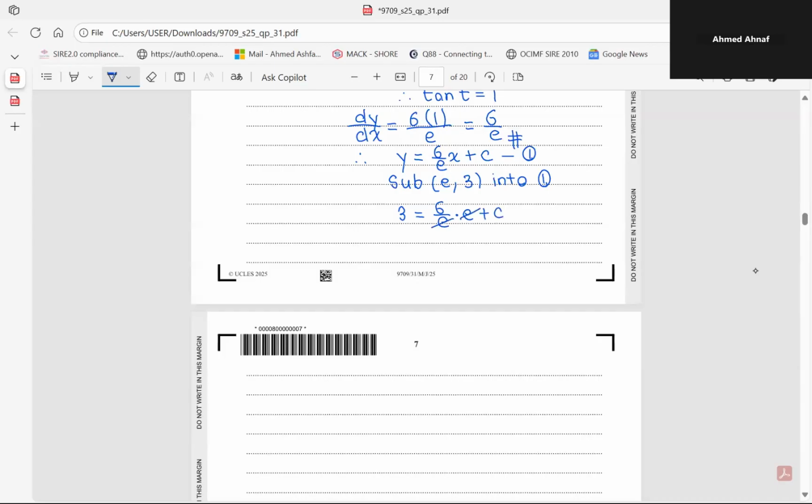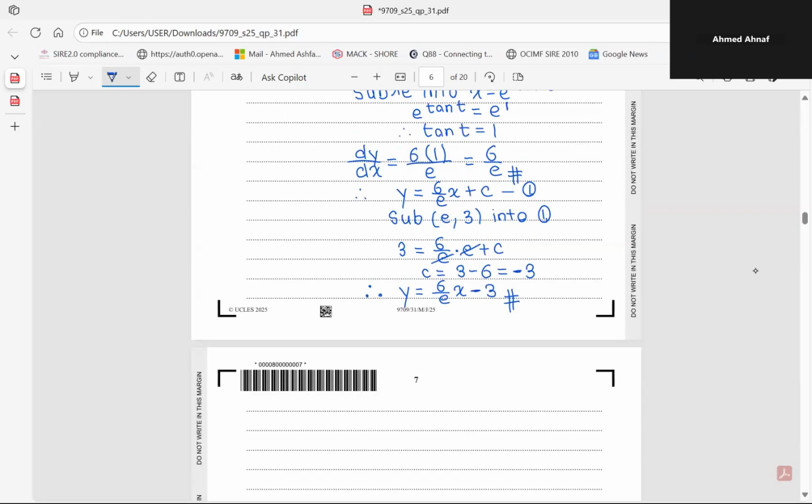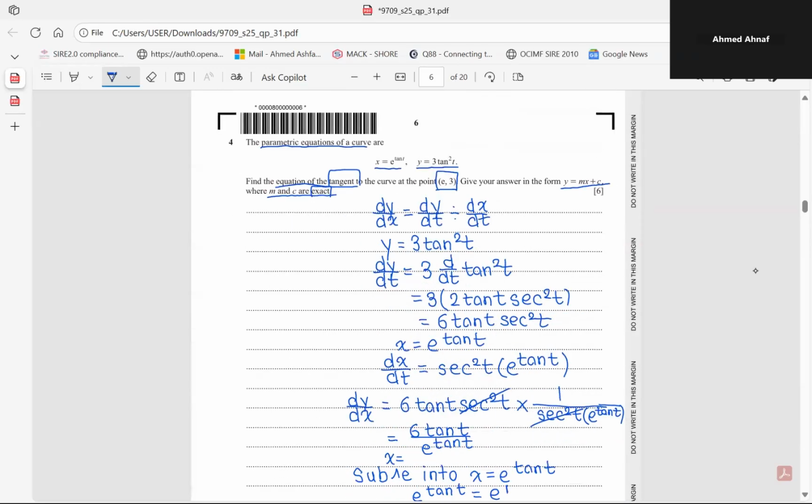So now we have 6 plus c equals 3. So c would just be 3 minus 6, which is minus 3. c equals minus 3. Hence, our final answer is y equals 6 over e x minus 3. So this is our final answer.